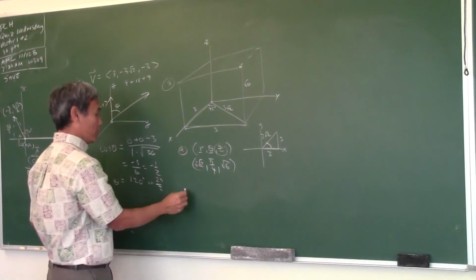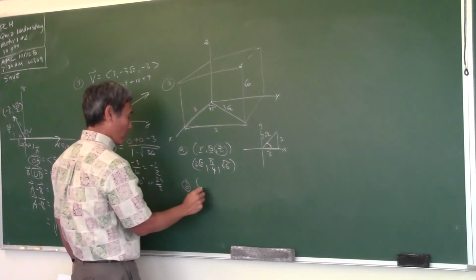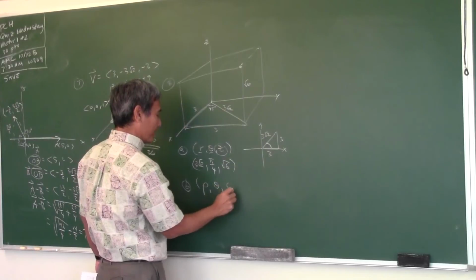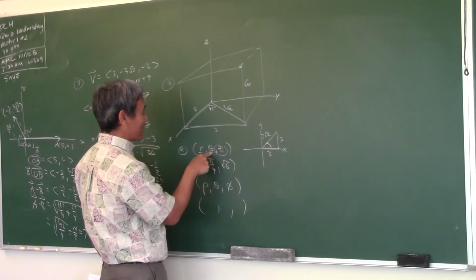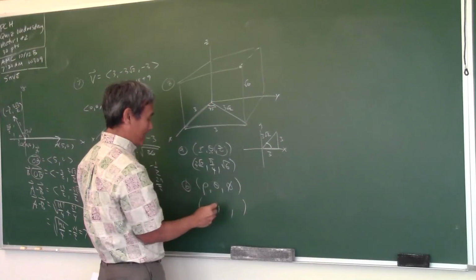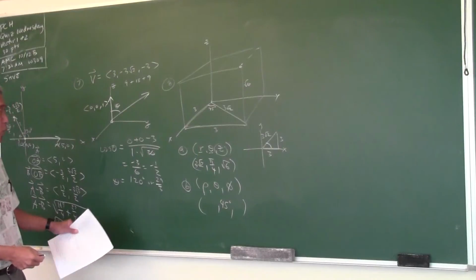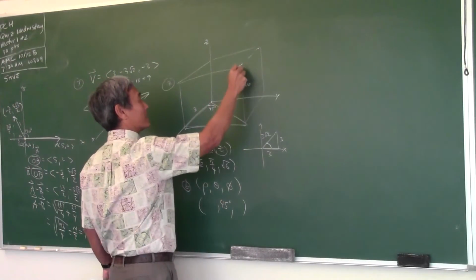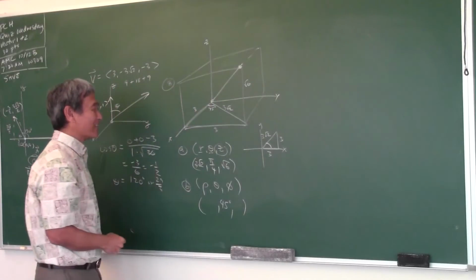Now, convert it to spherical coordinates. Now, what the heck are spherical coordinates? Rho, theta, phi. Now, this theta is exactly the same as this theta. It's this angle right there, so 45 degrees, or pi over 4. Now, what is rho? Rho is how far this point is from the origin. Well, can I figure that out?